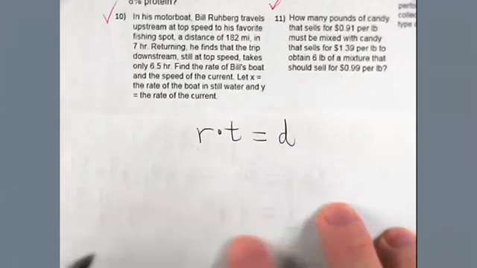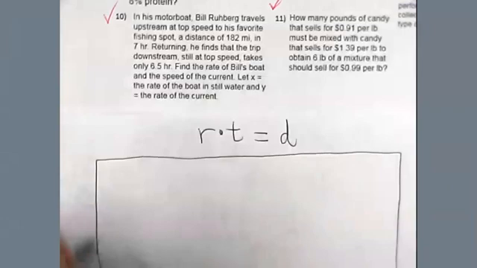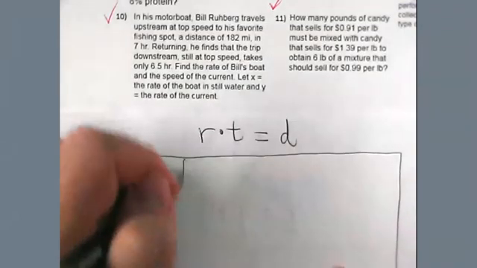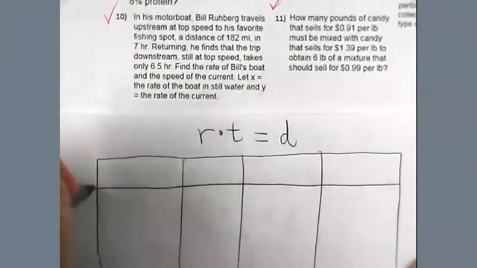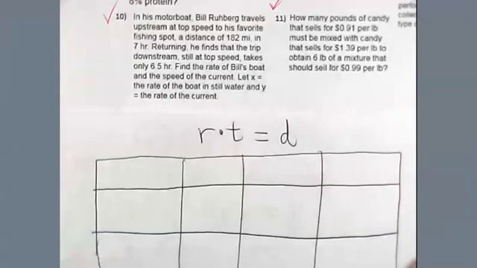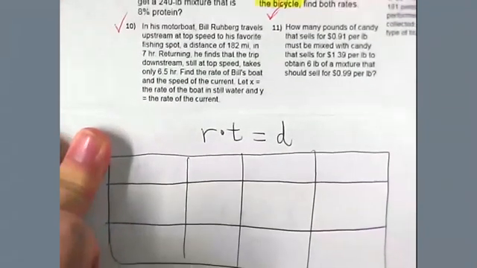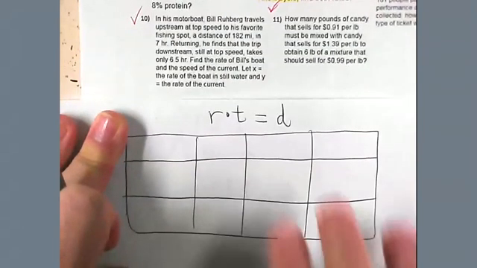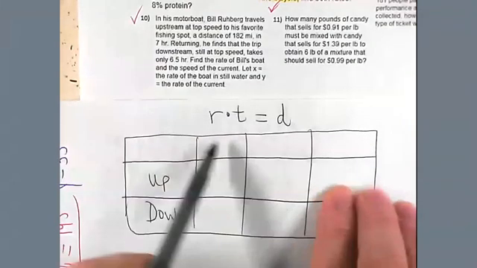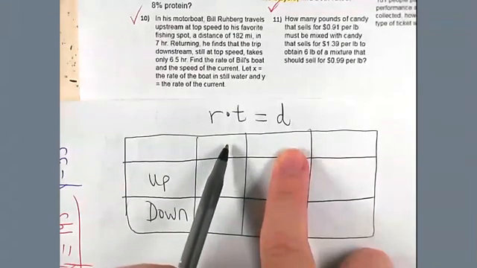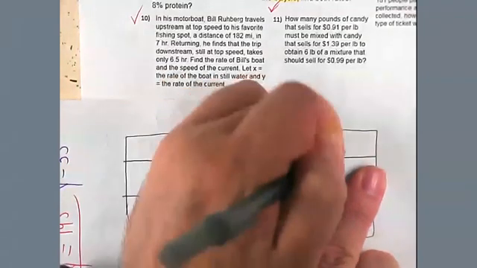So let me draw a table. The first column is how he's traveling, be it upstream or downstream. Up here in our headings, we plug in rate, time, and that's equal to distance.